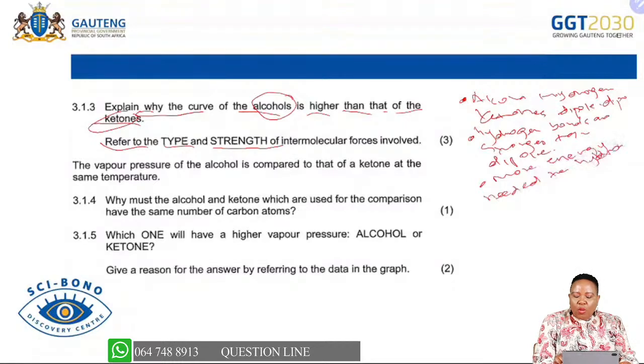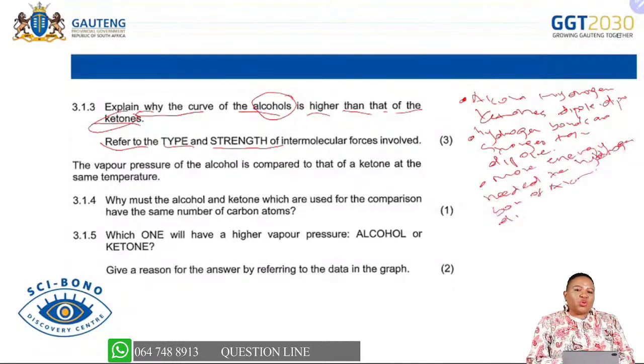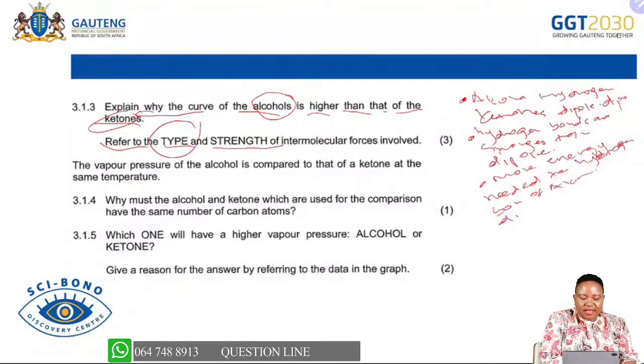This is how we want you to write it in bullet form. So you are just telling us what makes the two structures different, and they say the type and the strength of the intermolecular forces.